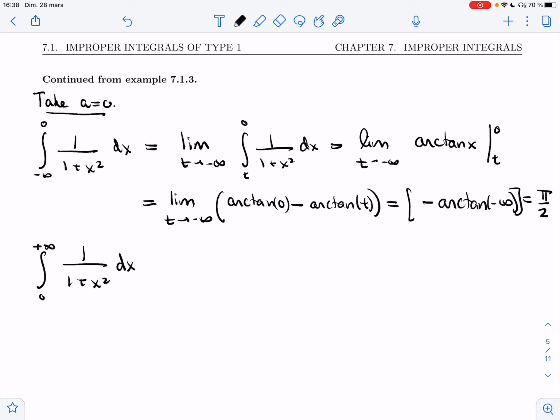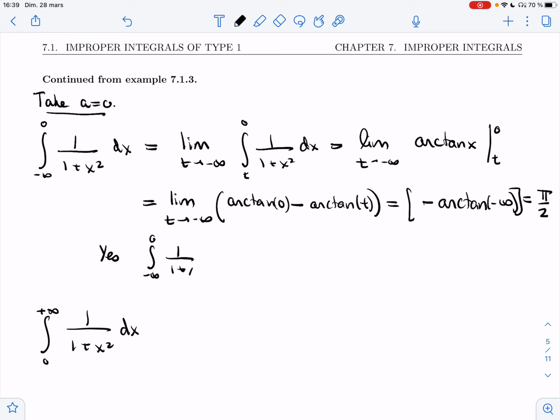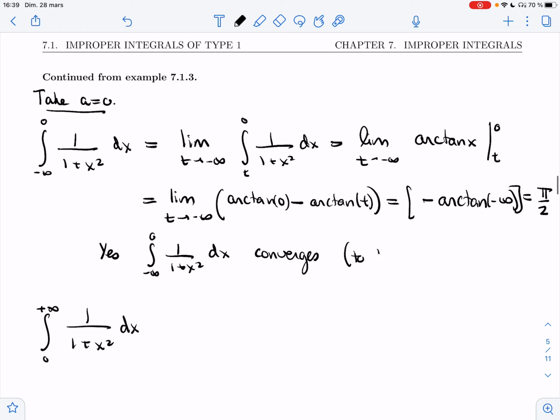That's minus pi on 2. All right, so let me bring this down just to say this integral converges. All right, so as long as you get a finite number, you keep going.